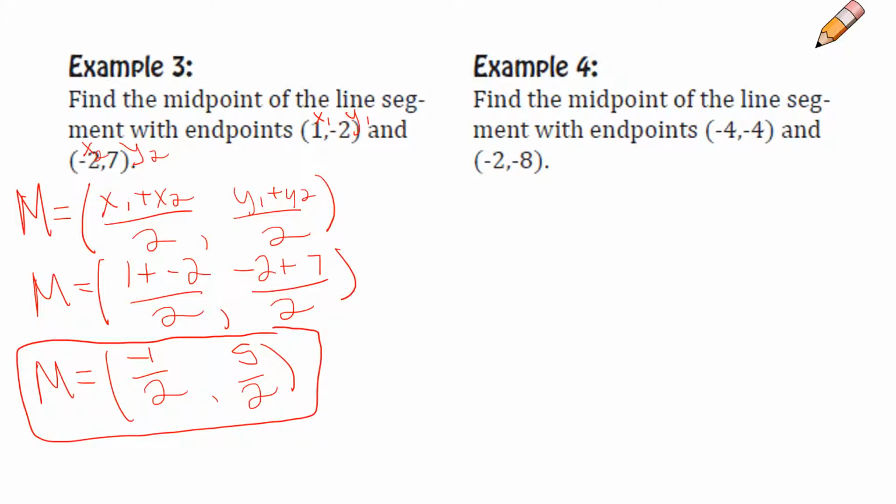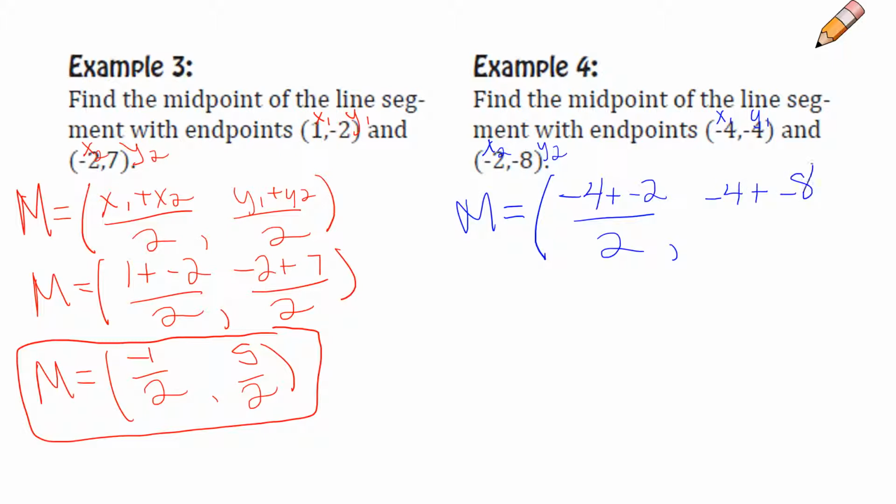If we want to look at the last example, I'm not going to copy down the equation, but we'll just plug in. This is our x1 value, y1 value, x2 value, y2 value. So m is equal to x1, which is -4, plus -2, all divided by 2, and y1, which is -4, plus y2, which is -8, divided by 2.